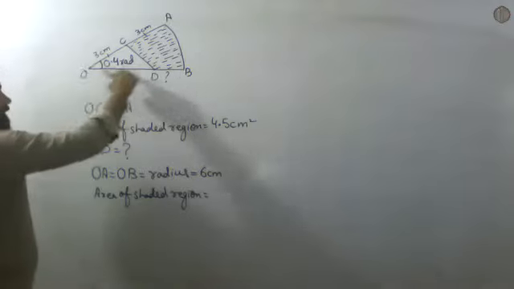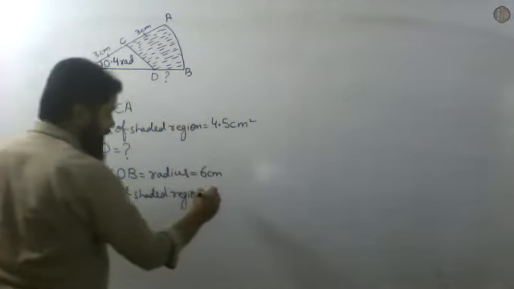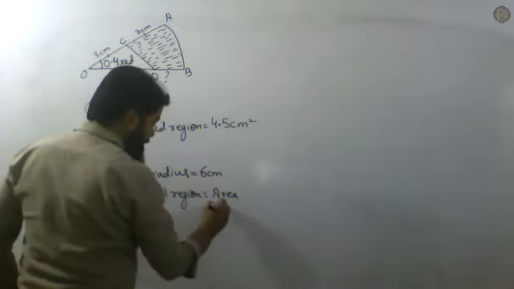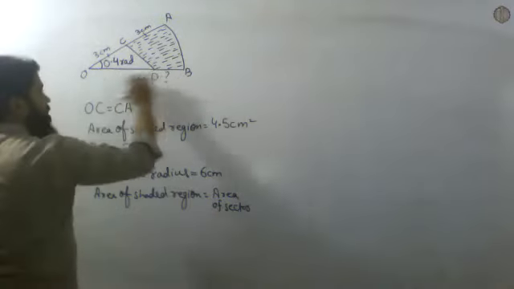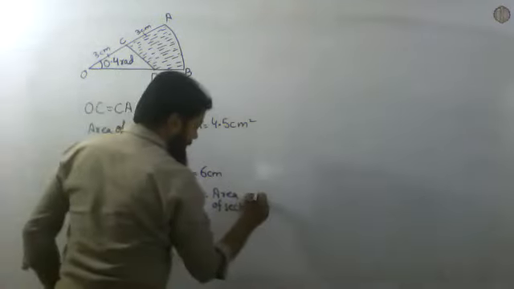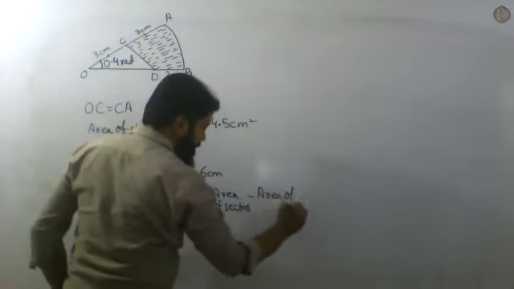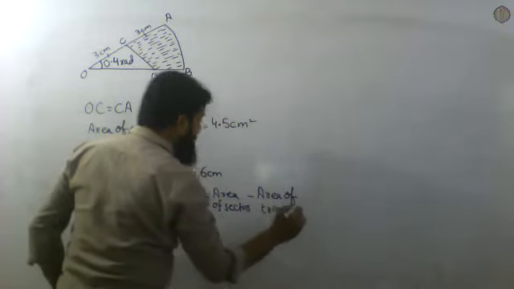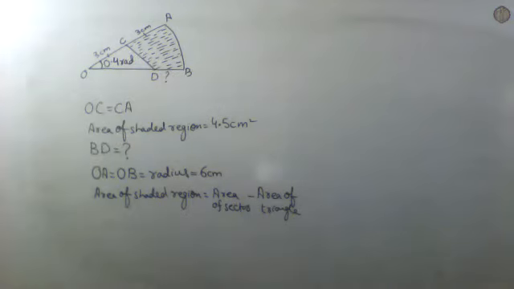First of all, I will try to find the area of the triangle. Area of shaded region will be what? Area of sector, which is this whole one, minus area of triangle, which is this part.